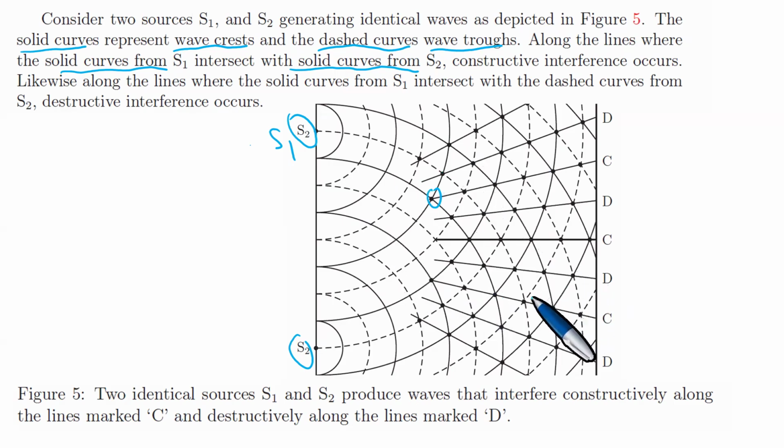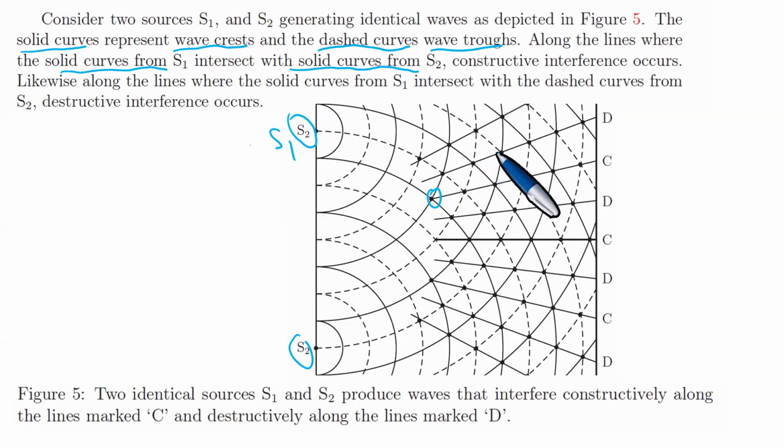So these are the dashed ones from S2. And now you look at S1, it's producing some solids, another solid here, and another solid there.